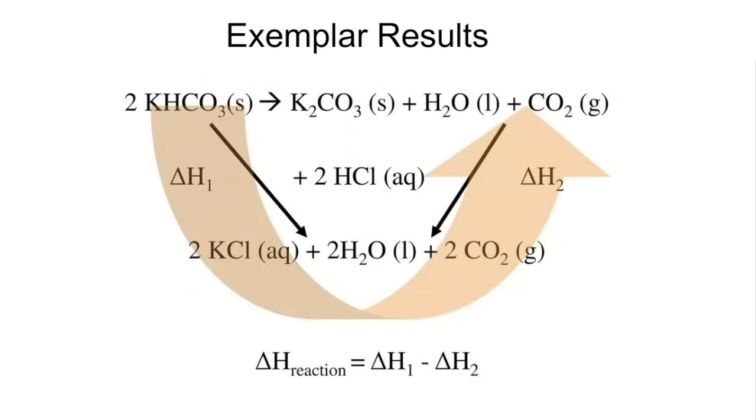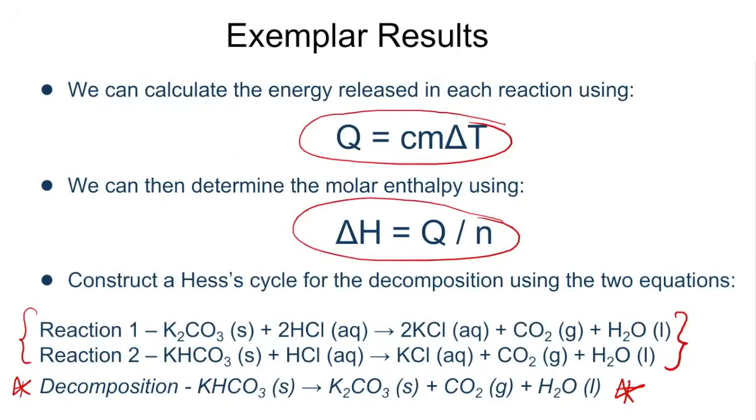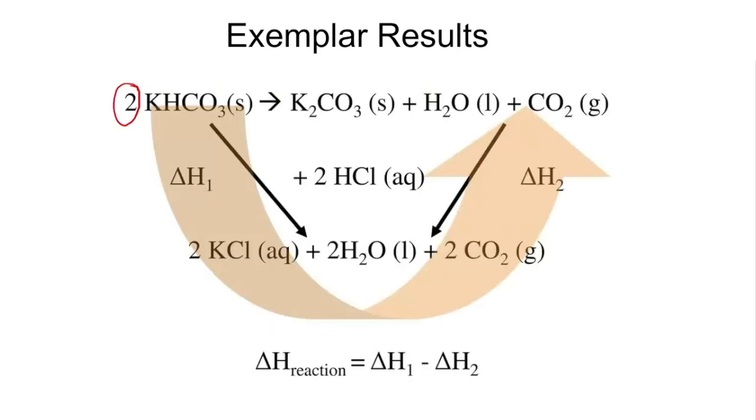Most importantly, we note that we need 2 moles of the potassium hydrogen carbonate. If I just go back, notice here, I only used 1 mole. So I have to take that into account, that everything in reaction 2 is actually going to be multiplied by 2. So ΔH1 in my calculations is going to need to be multiplied by 2.